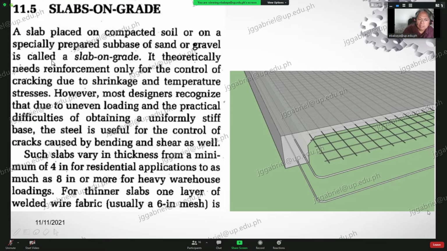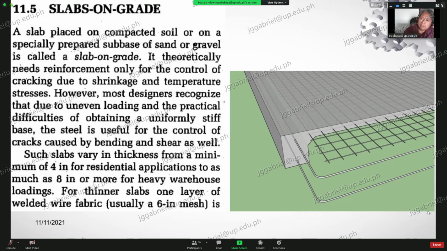Okay? So take note of that. You're just providing for reinforcements for slabs on grade due to temperature and shrinkage. However, most designers recognize that due to uneven loading and the practical difficulties of obtaining a uniformly stiff base, the steel is useful for the control of cracks caused by bending and shear as well.